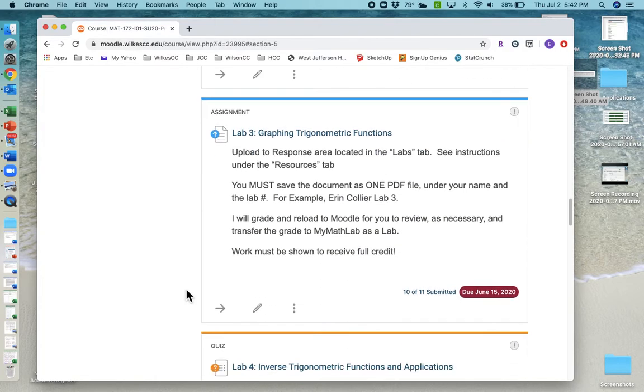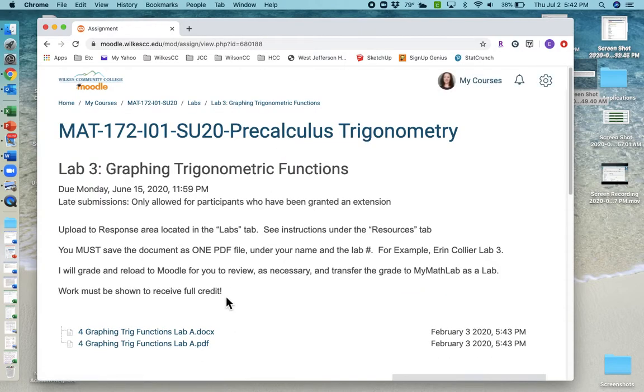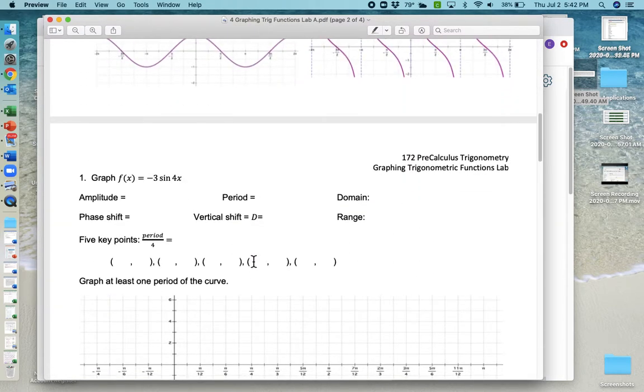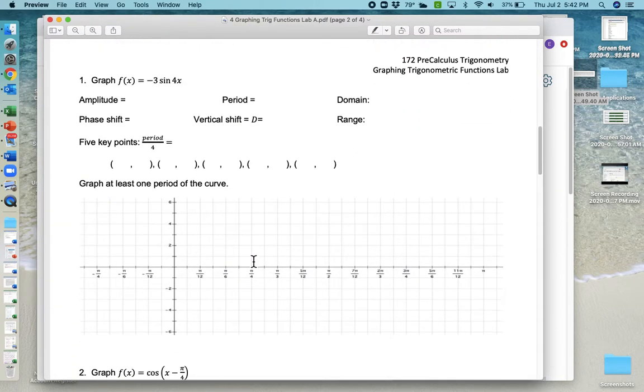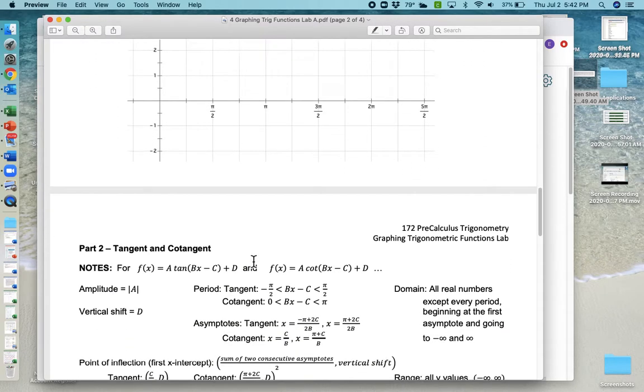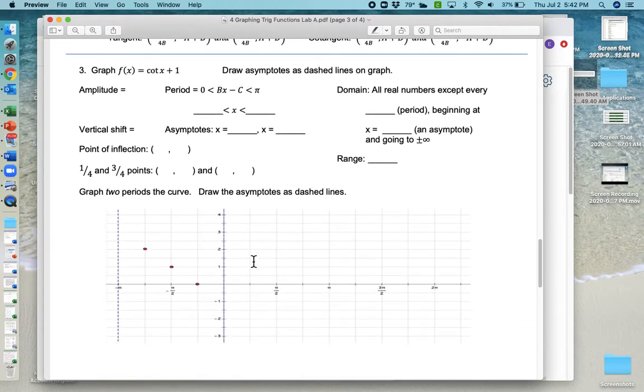But then from there, they might have a lab like graphing trigonometric functions. Here, they're going to graph several different trig functions so that I know that they can do it. They'll upload these to me, and I provide directions, a video on Moodle, telling them how to upload it because a lot of them don't know how to do that.